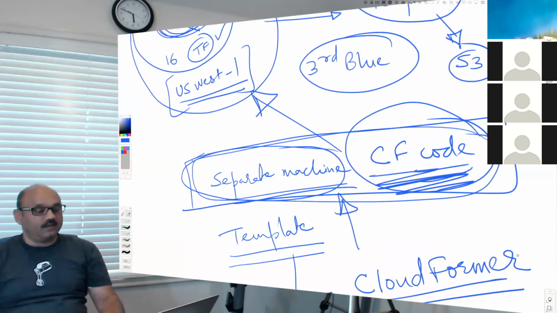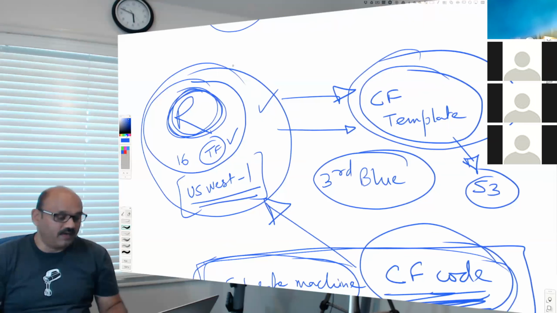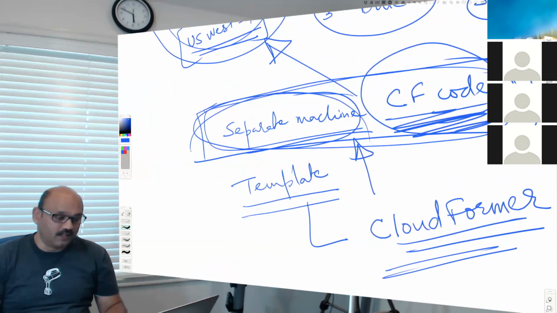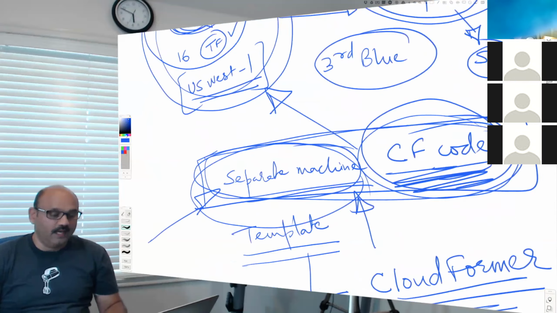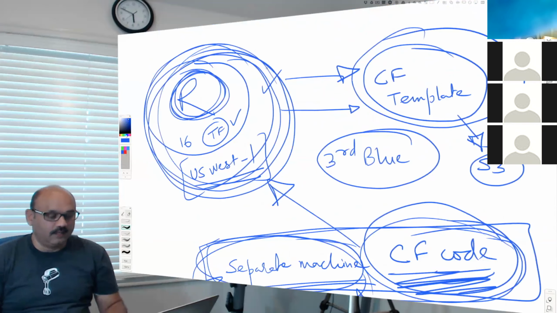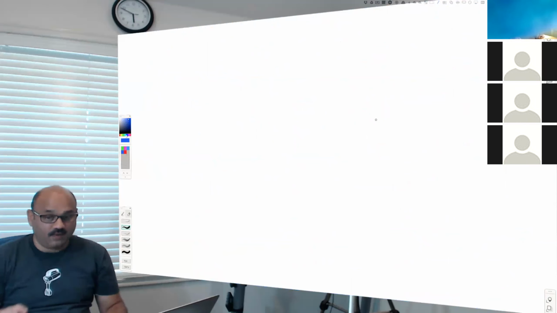So in order for us to create a template from our existing resources, we need to use a CloudFormer template to create another resource, like a separate machine, that will run CloudFormation code, and that in turn will then look at our resources and then create a template. And so this part can be a little bit confusing. So I want to make sure that you understand it. I'll repeat that just for the sake of clarity.